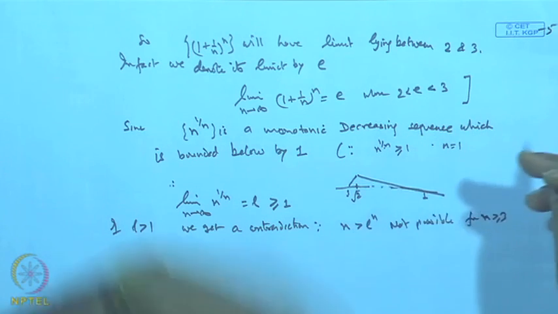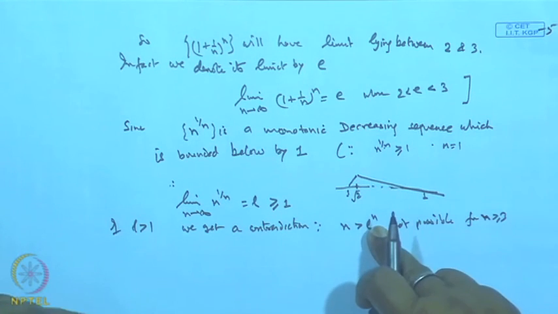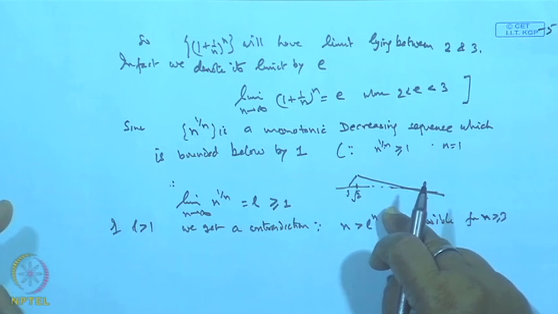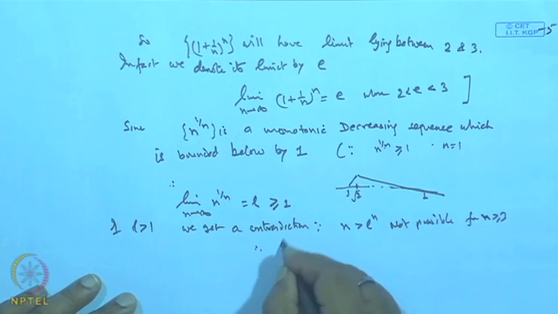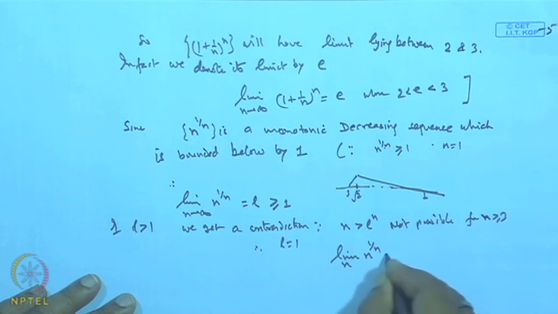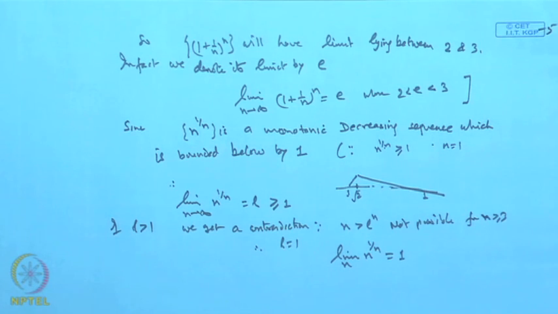Suppose L is equal to 2, then what happens? 3 cannot be greater than 2 to the power 3. So it is a contradiction. Therefore, L must be 1. So the limit of n to the power 1 by n as n tends to infinity is 1, okay. That is also an interesting limit.